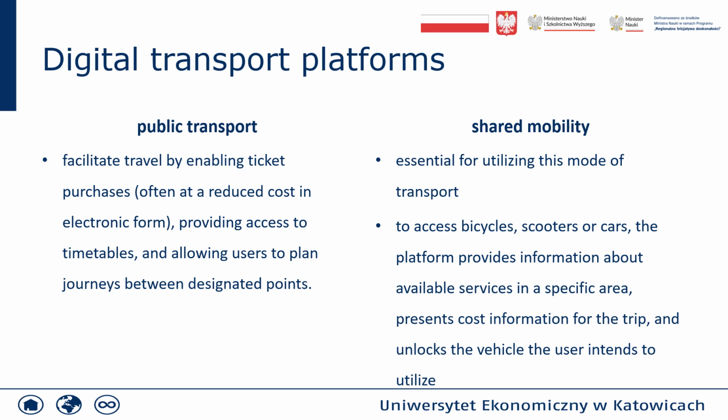In the context of shared mobility, digital platforms are often essential for utilizing this mode of transport. To access bicycles, scooters, or cars, the platform provides information about available services in a specific area, presents costs, information for the trip, and also unlocks the vehicle the user intends to use.